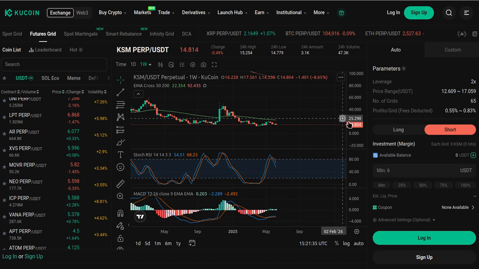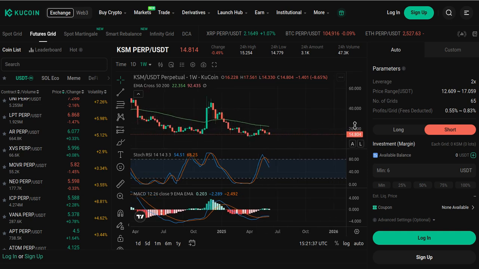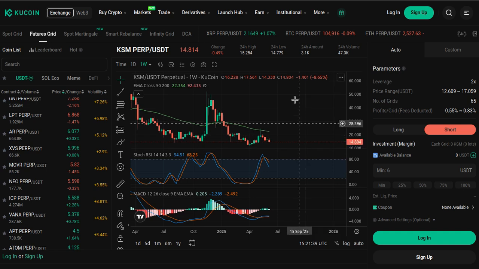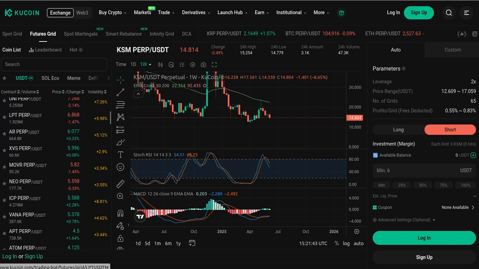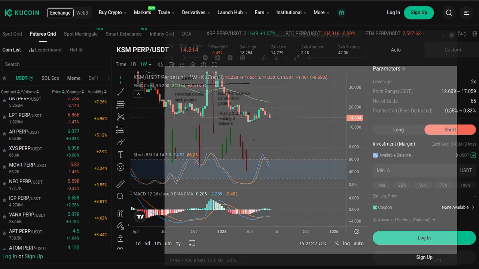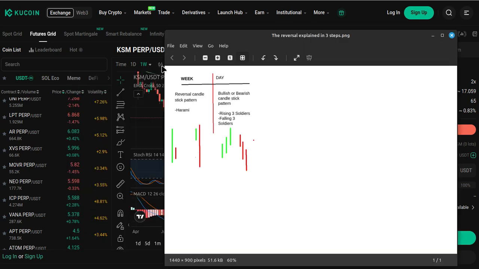Okay, so basically the reason why I haven't chosen that one is because I haven't seen the candlestick chart pattern on the week, which is a reversal. Remember, we're looking for a reversal, so the strategy is a reversal. The only reversal patterns that I am aware of are these two.